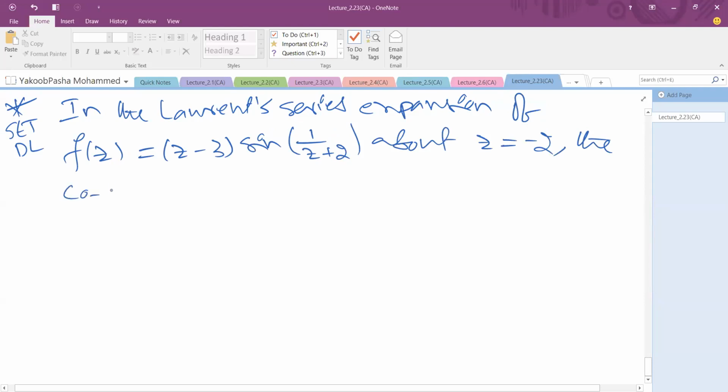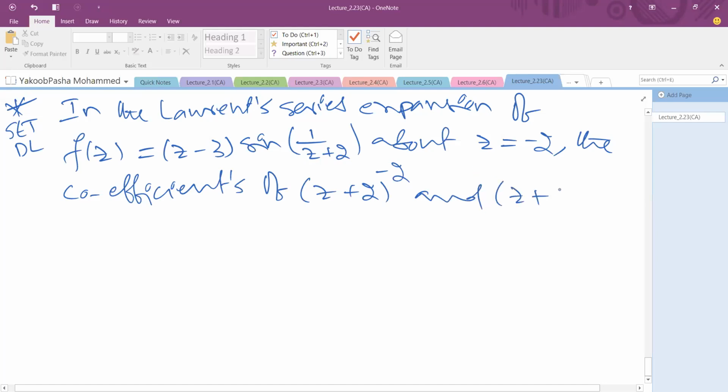The coefficients of z + 2 whole to the power of -2 and z + 2 whole to the power of -1 are respectively. First we have to calculate the z + 2 whole to the power of -2 coefficient, then the z + 2 whole to the power of -1.